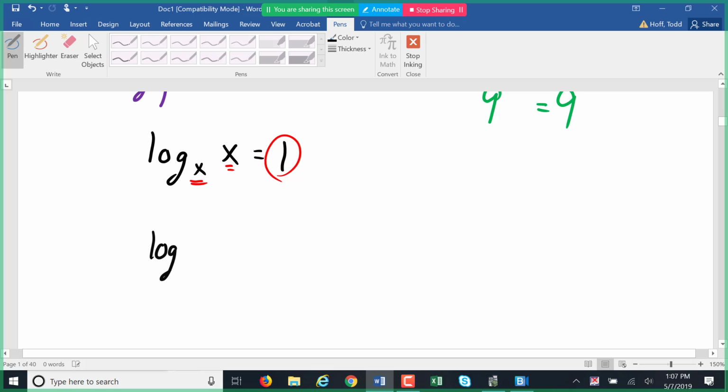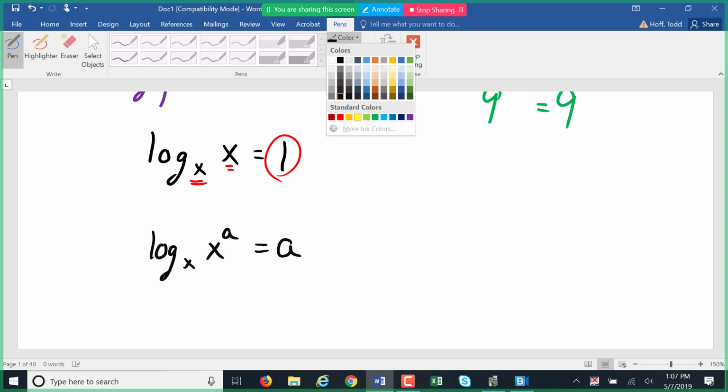And as we saw earlier, log base x of x to the power of a, what's that going to equal? A, yes.